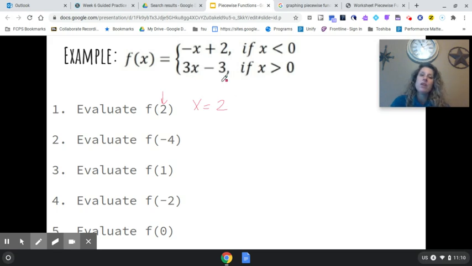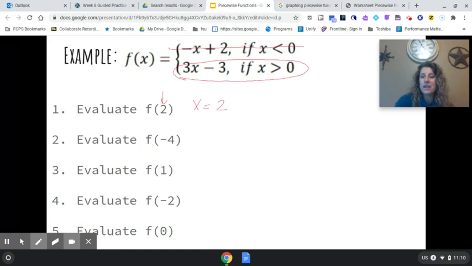We would be looking at this function, 3x minus 3, if x is greater than 0. And if you notice, x equals 2, x is greater than 0. So I'm actually looking at this second function when I go to evaluate, and I'm kind of ignoring the first one because it's not in the correct domain.